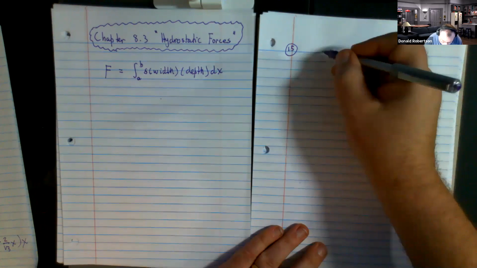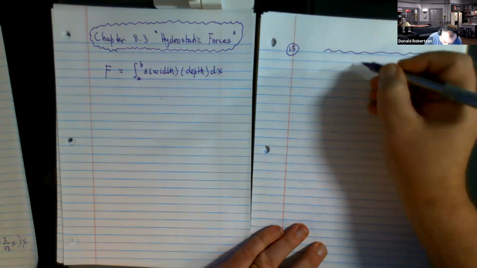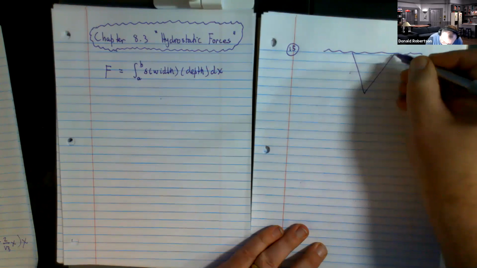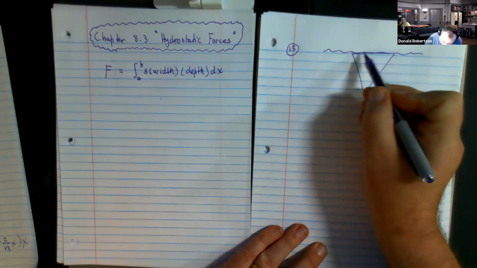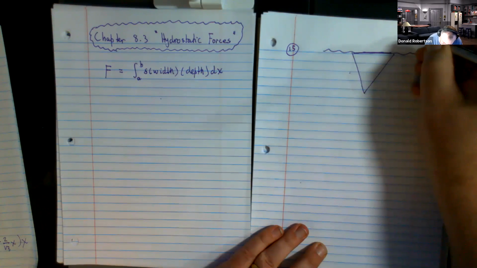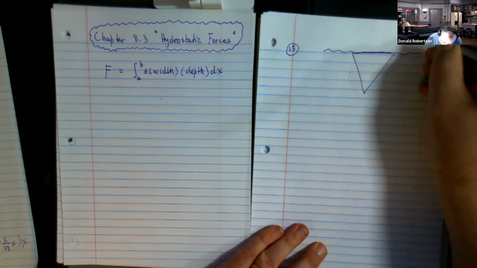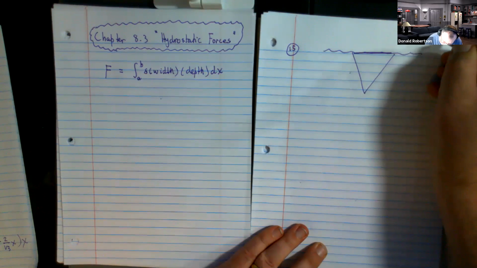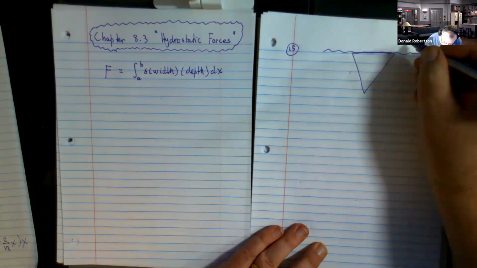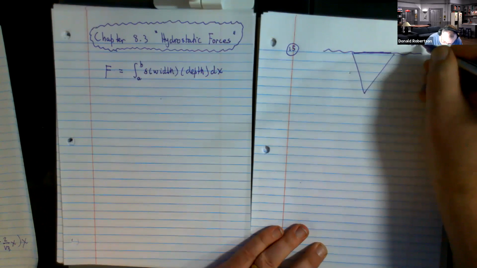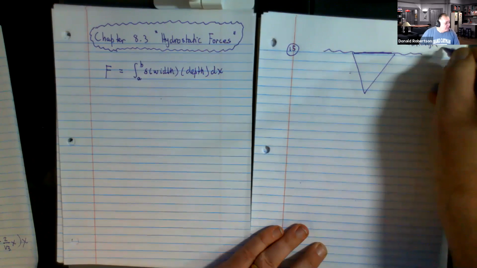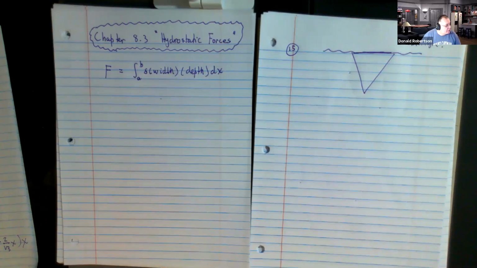It's got some water, and on the surface, there's an equilateral triangle. And this equilateral triangle is 4.